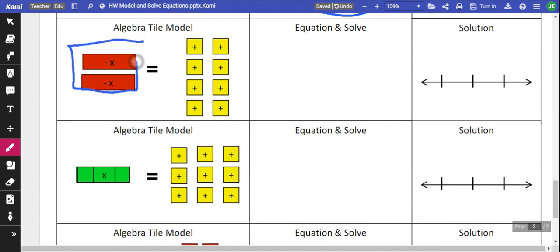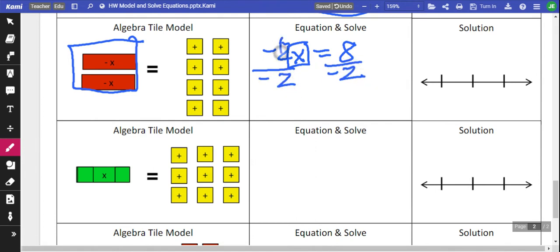Okay, here we have negative 2x is equal to 8. Here's our variable. It's being multiplied by negative 2. So negative 2 divided by negative 2 is 1. Negative divided by negative becomes positive.